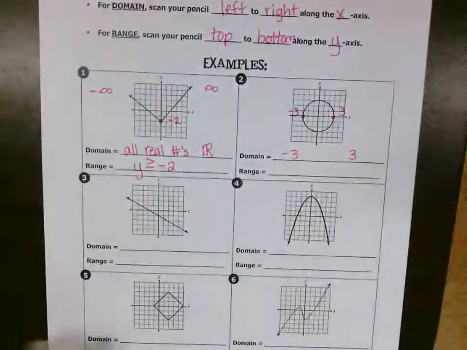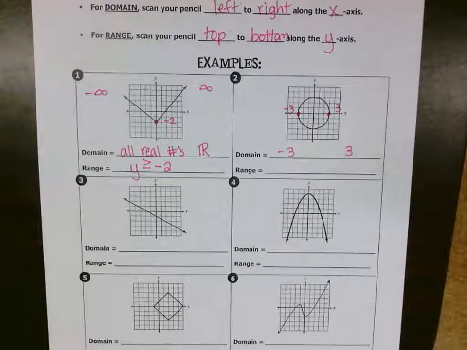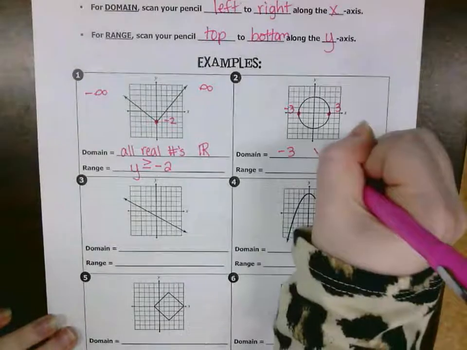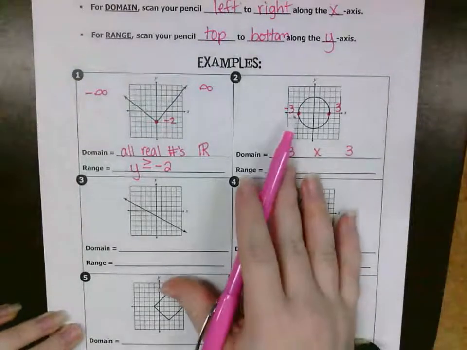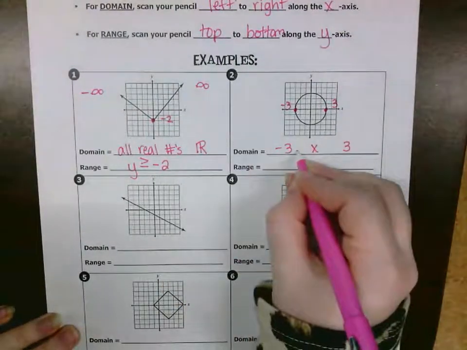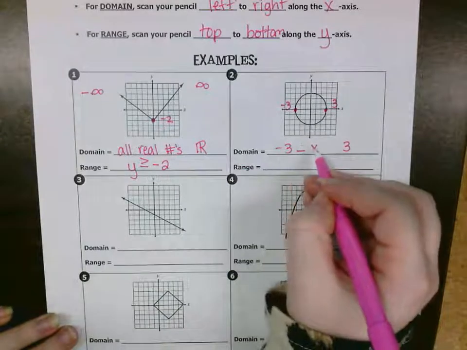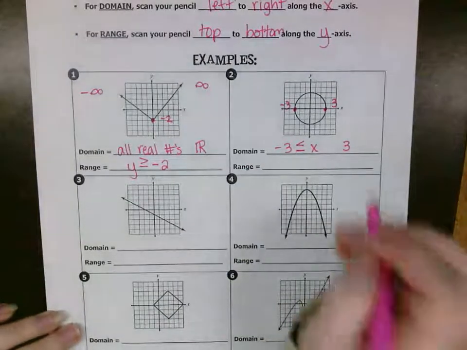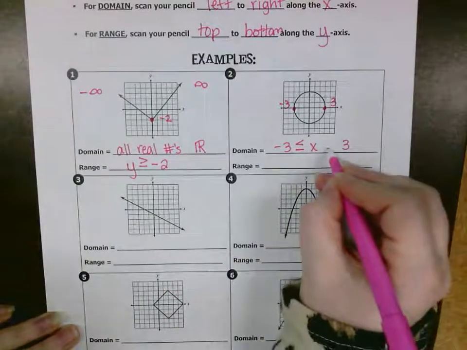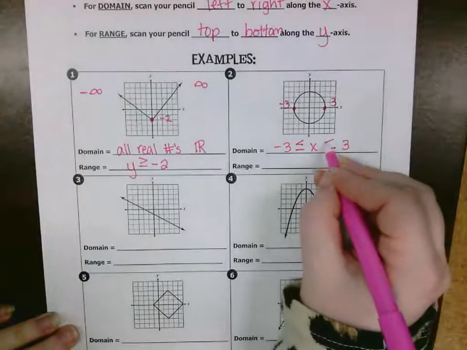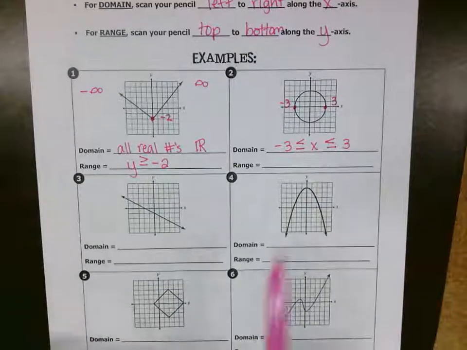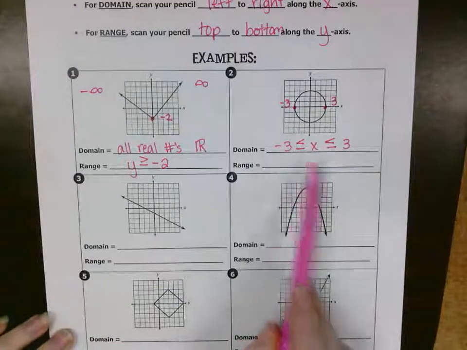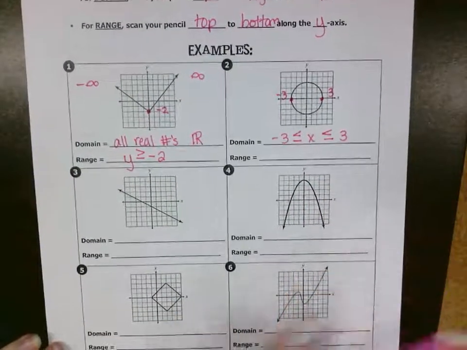But we want to know what x values it includes. So you ask yourself, can it equal negative 3? Yes. Then you say, well, it needs to be values greater than negative 3 or equal to. Here, it can include 3 or any numbers less than 3. So that tells you that your domain falls within this specific range.